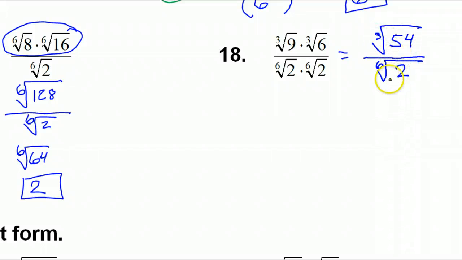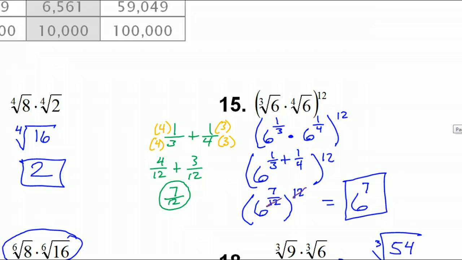Now, one thing that I could do is simplify the third root of 54 a little bit more. So let's just look at that separately for a moment. Maybe I'll do it in green because it's separate. Remember, if I wanted to do the cube root of 54 and reduce that, I would be looking at the chart for things that divide evenly into 54.